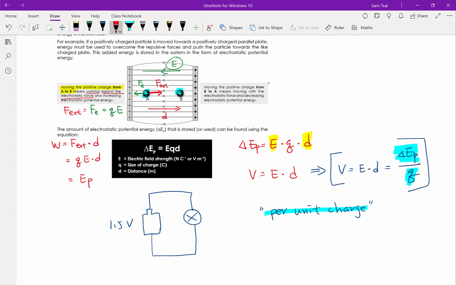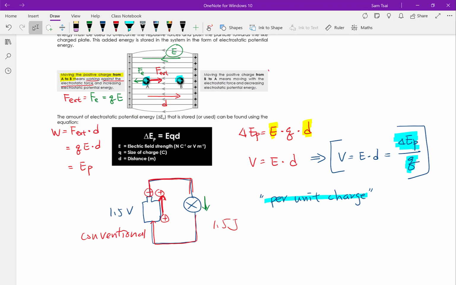So from the conventional current view, we have positive charge moving from here, going through the light bulb, and back to the negative side here. This positive charge will gain 1.5 joule of energy here, and then the energy is used up by the light bulb and converted into what?